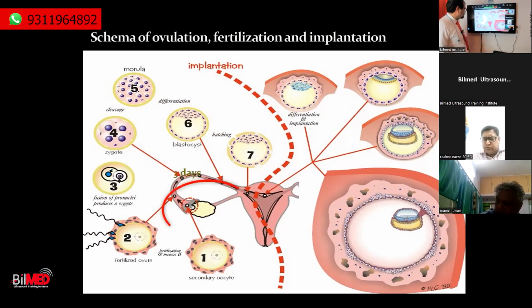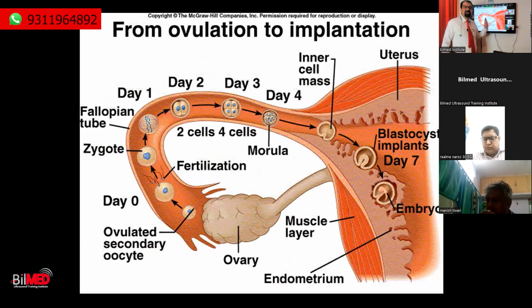Now, this was a brief of embryology. We will come back to this embryology when we will be taking the ectopic pregnancy. Ectopic pregnancy is not in this virtual CME, but maybe we will be announcing it someday. These points are very, very important in ectopic pregnancy.